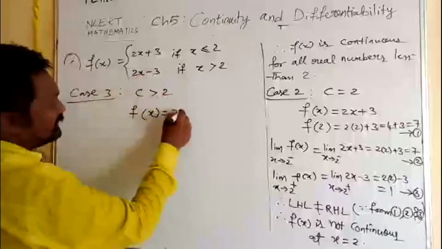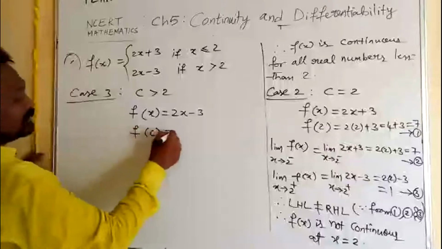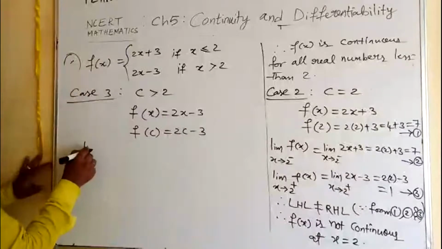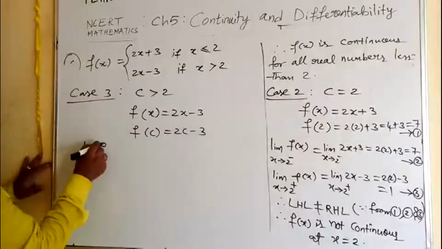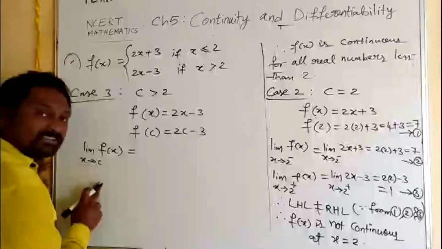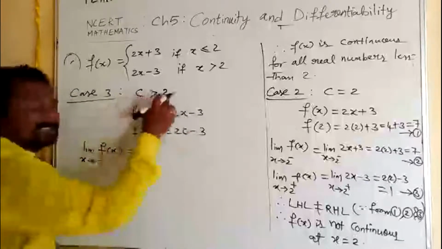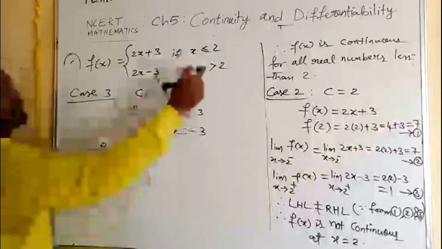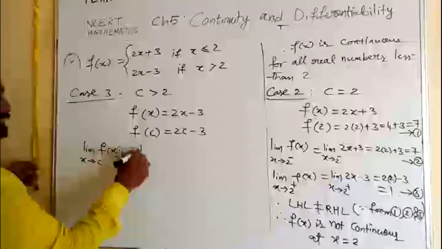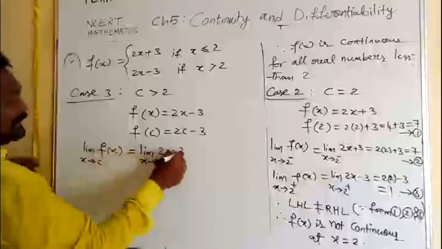So write here 2x minus 3. Then f of c is equal to 2c minus 3. Then limit x tends to c, f of x. x tends to c means greater than 2, because here c is greater than 2. So greater than 2 means the function is 2x minus 3.